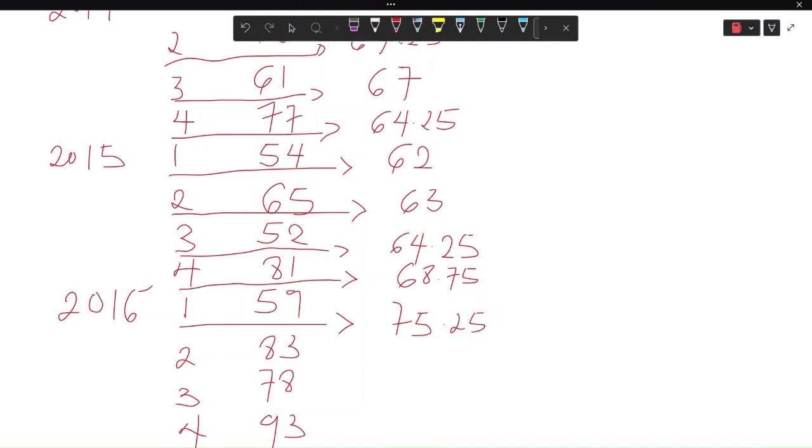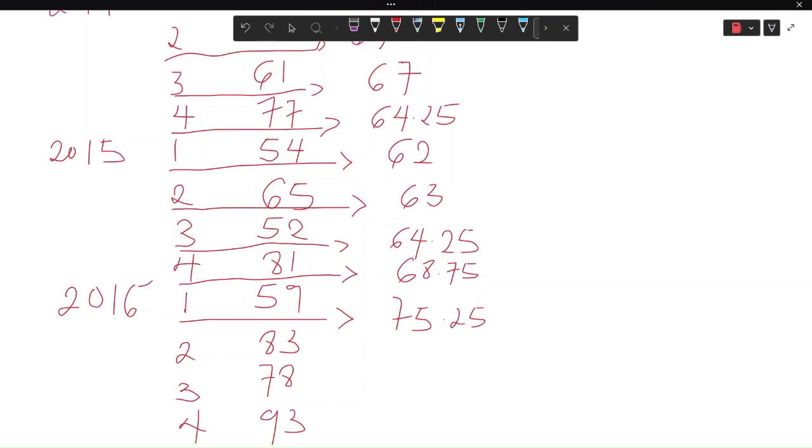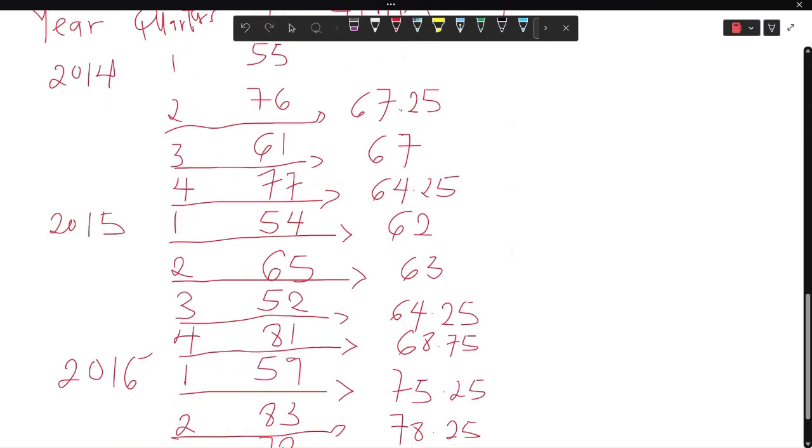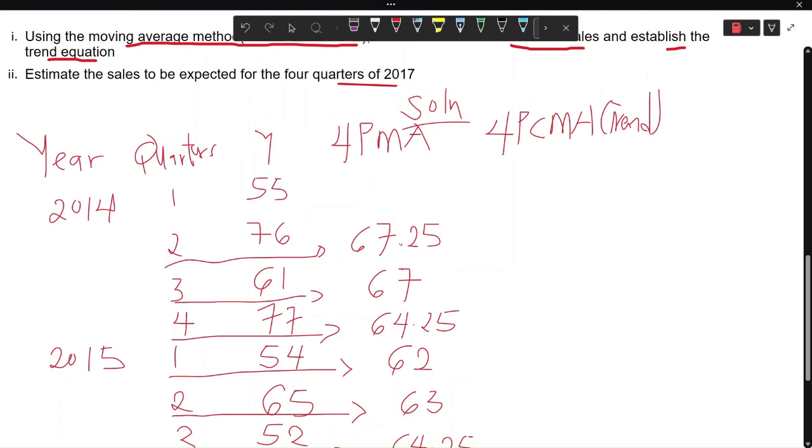Then 59 plus 83 plus 78 plus 93, divided by 4. Also in between 2 and 3, we have 78.25. Okay, so now let's center this, which becomes our trend values.